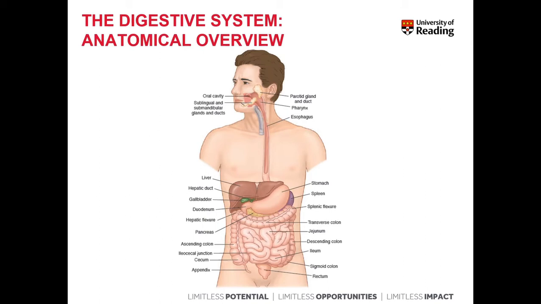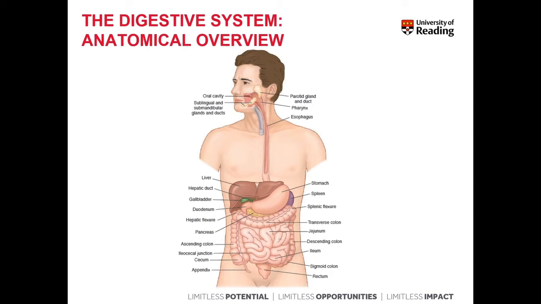So the overall function of this pipe is to digest food and to absorb food. And that includes macronutrients such as lipids, glucids, and proteins, water and micronutrients such as vitamins and electrolytes.